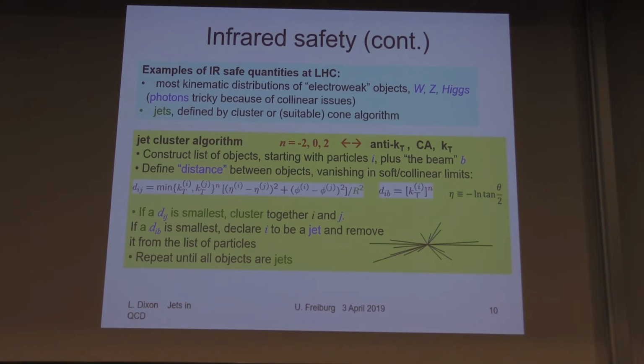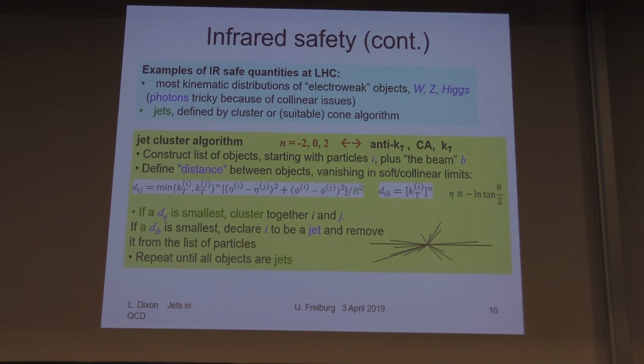But this was only discovered after they were pretty locked into the analyses. And so they were safe for 2 jets, but not for 3 jets, at least at the orders that had been calculated at the time. But at the LHC, the good news was that theorists understood infrared safety well enough before the detectors had latched onto their jet algorithms, so that they were able to adopt one default one that is safe.